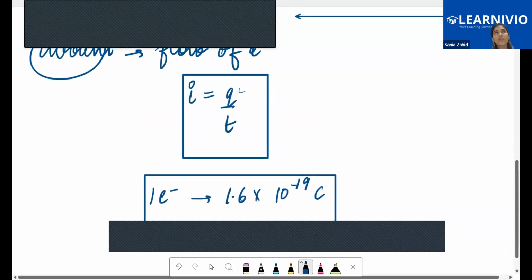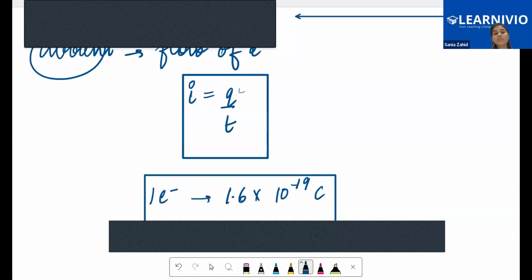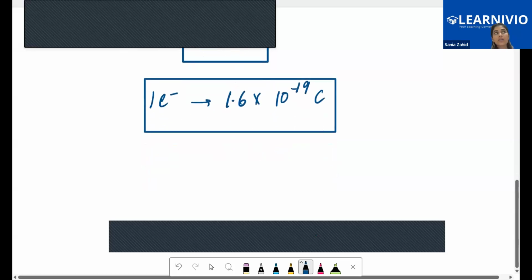So if I say, find the current by 4 electrons in 1 second, current is equal to Q upon T. If there are 4 electrons, how much charge is there?